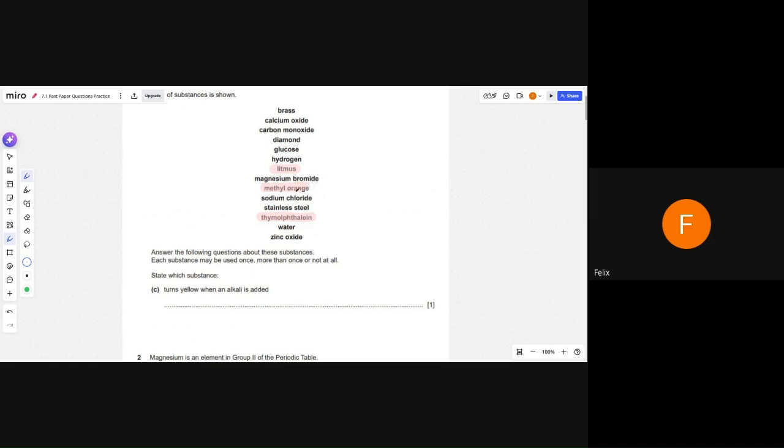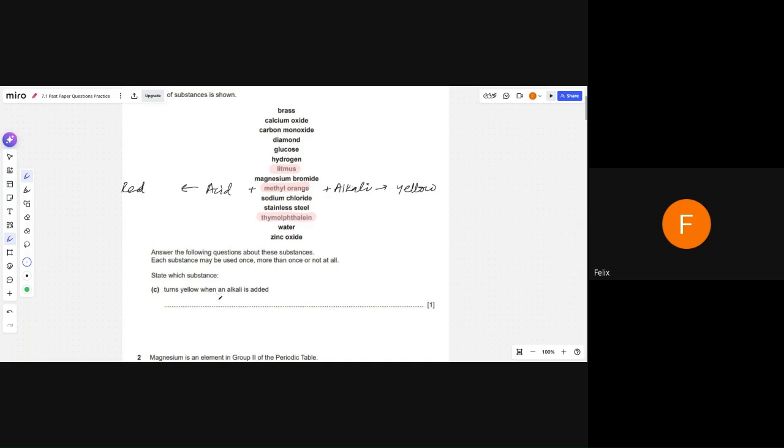Methyl orange, in its neutral state, is orange, and when an alkali is added, it changes to yellow. When an acid is added, it changes to red. These are the 2 colors that methyl orange shows with an alkali or an acid.